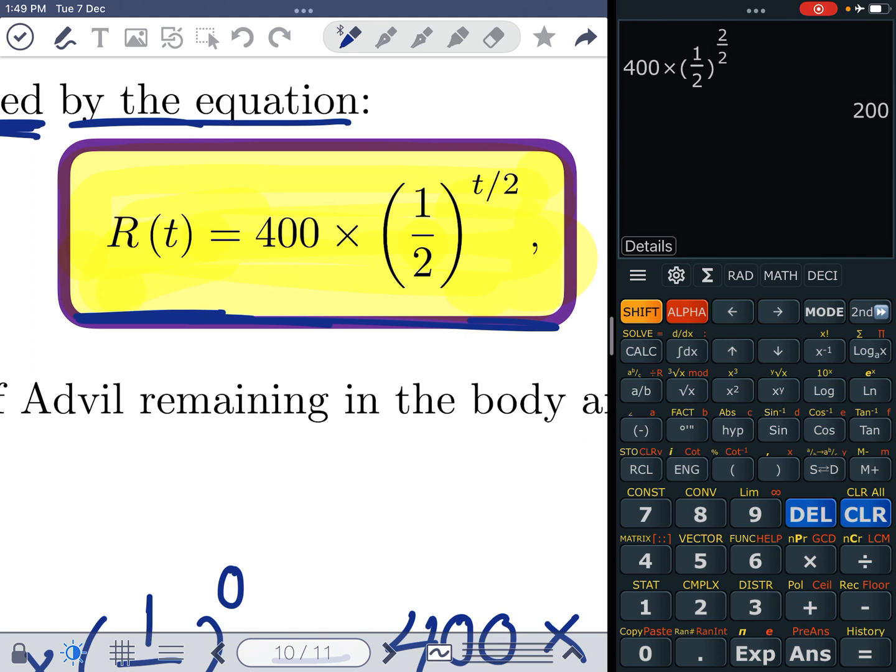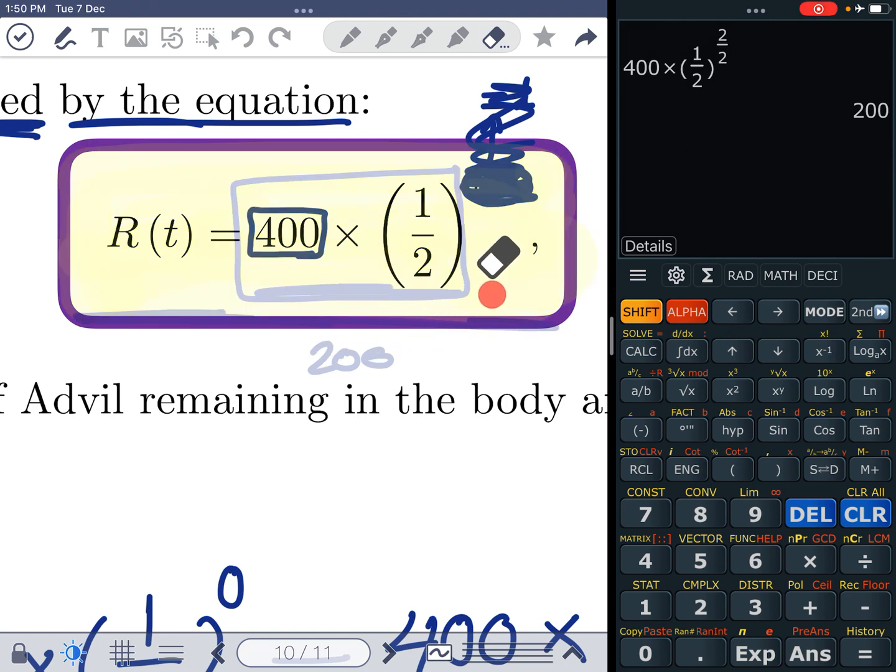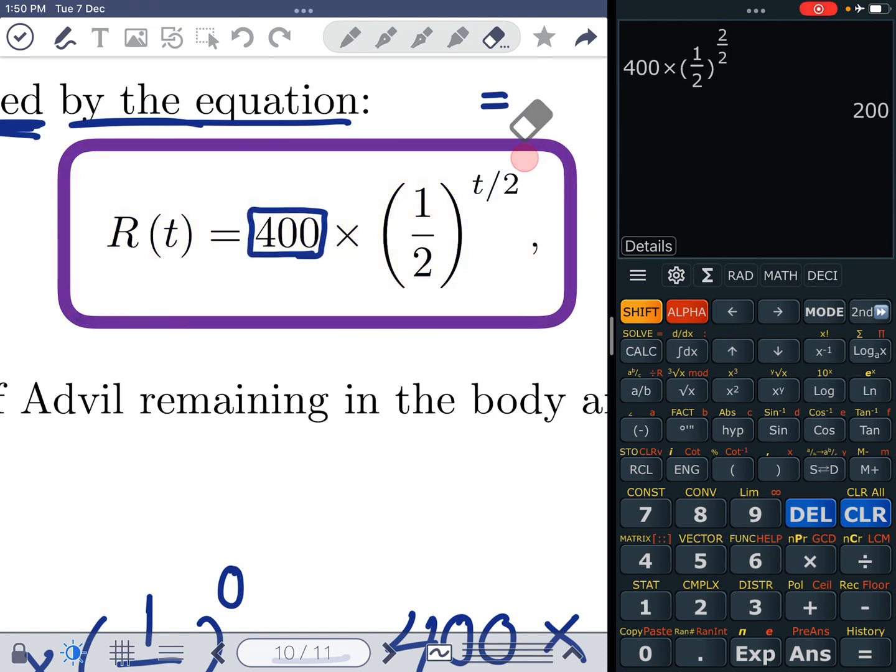Notice, this is always the initial dose, the number here, and then this is half to a power. When this power equals 1, it will not affect the half anymore, and so you'll get half of 400, and that will give me my 200. So this is very convenient when you're solving a question on half-life to have it written this way.